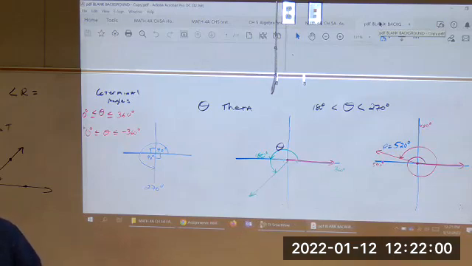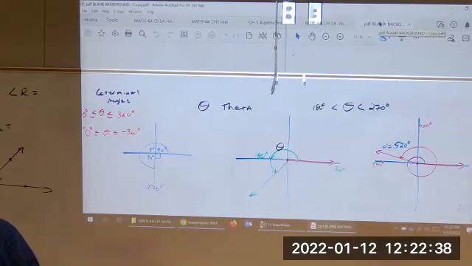We're making the payments at the same time, sharing a joint thing together. Coterminal: they share the same terminal side. So in geometry, we learned about collinear, points on the same line, and coplanar, lines on the same plane. Now we're talking about coterminal, angles that share the same terminal side.